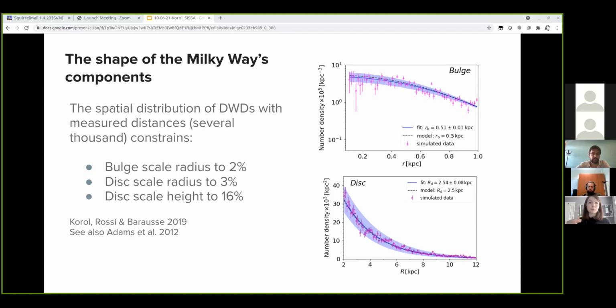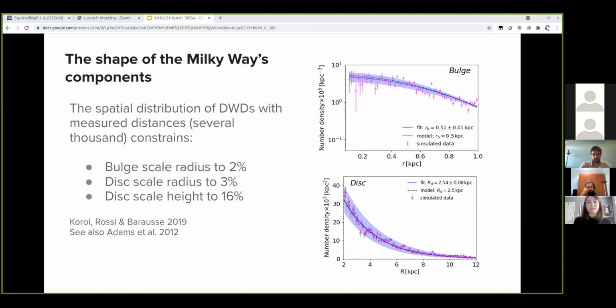In these two panels, on the side, I've divided detected binaries in the bulge and in the disk based on their recovered location in the galaxy. I've binned the detections in spherical shells on the top and in cylinders in the bottom. And so the observed density profile is given by the magenta points with the error bars.